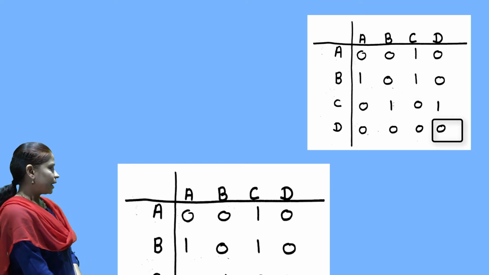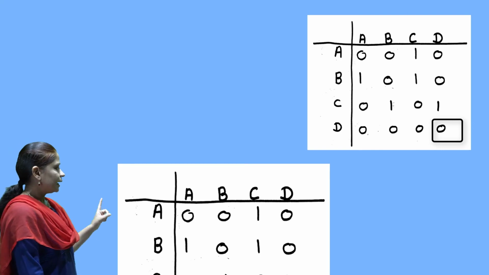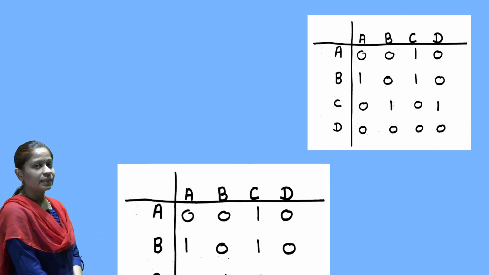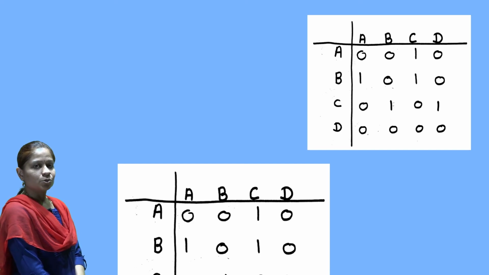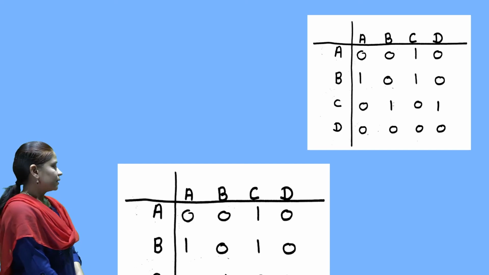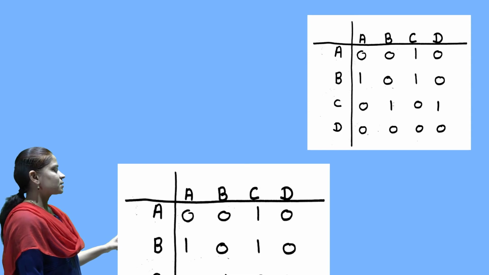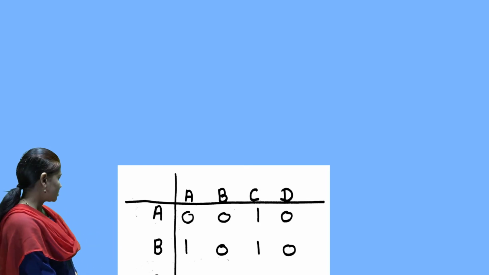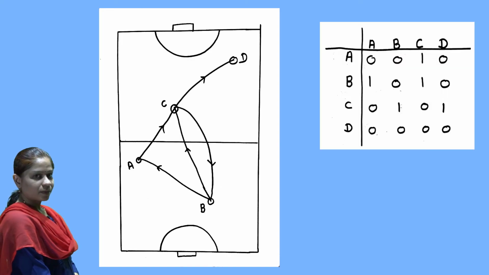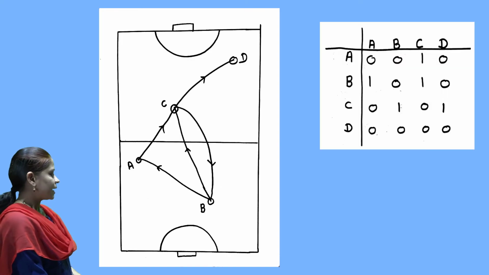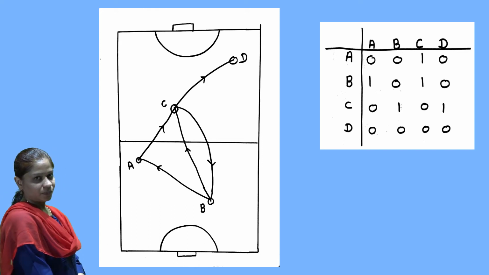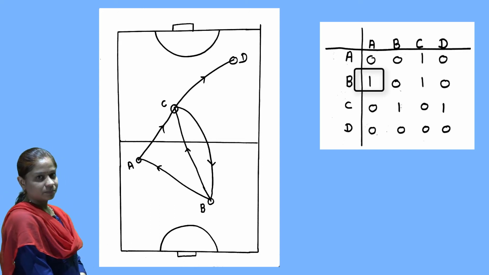Then, has A passed the ball towards B? No, A has not passed the ball towards B. Has B passed the ball towards A or not? If you see the diagram, B has passed the ball towards A, so there will be 1.